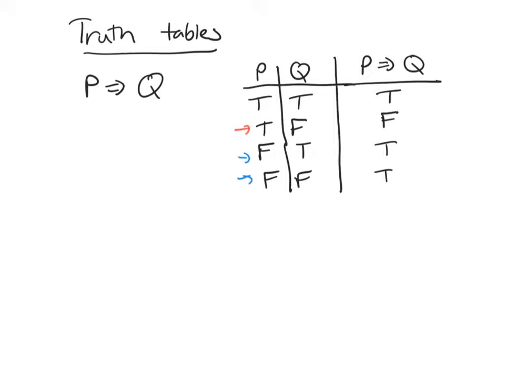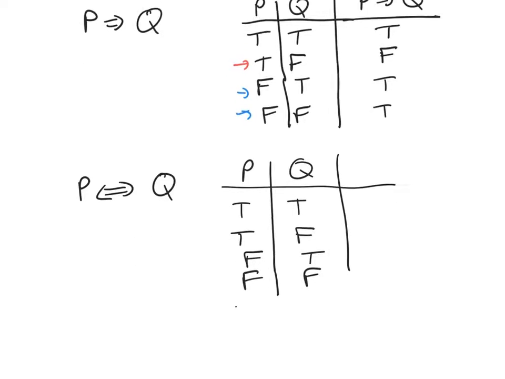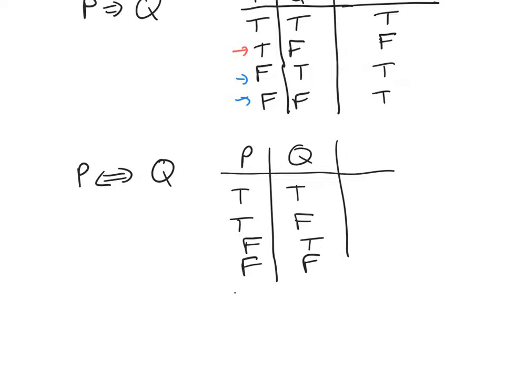What about the truth table for the biconditional statement? Again, our truth table will have 4 rows in it. Now the rule for the truth table, because it's a biconditional statement, is that they have to have the same value.